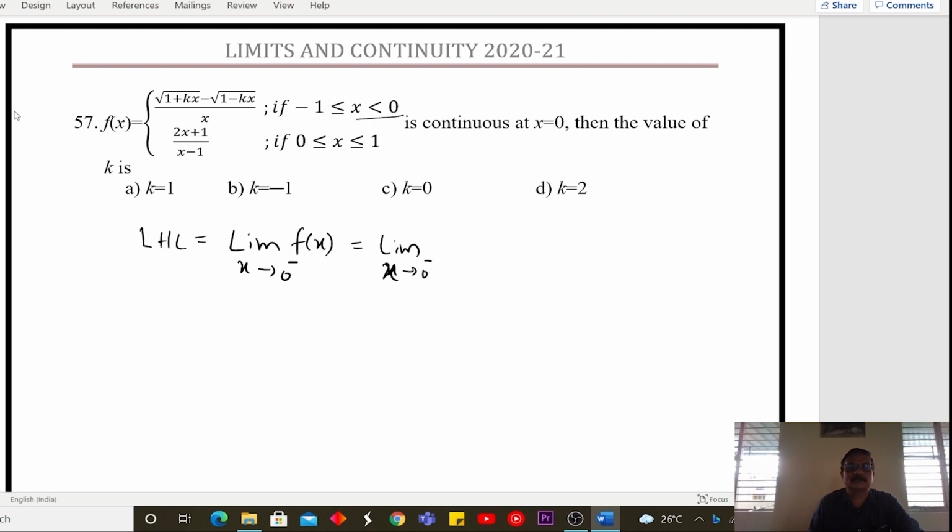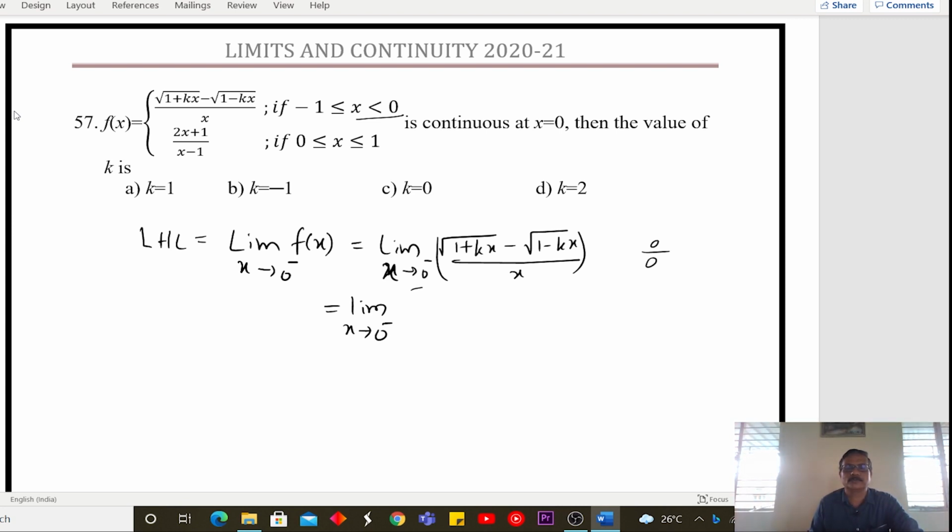So for x less than 0, the value is (root of 1 plus kx minus root of 1 minus kx) divided by x. Put x equal to 0, what happened? It is in the indeterminate form 0 by 0. So simplify, applying the easiest method, L'Hospital rule.